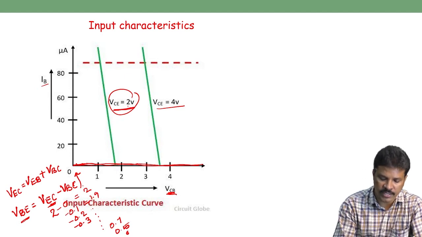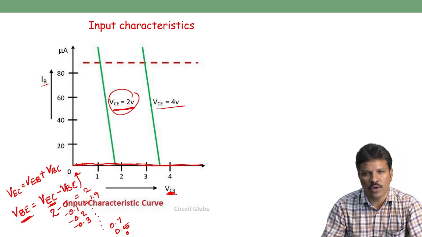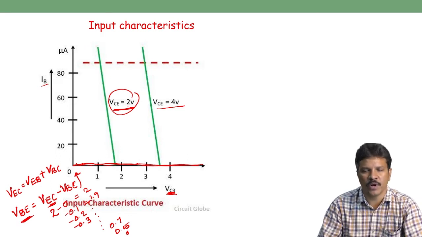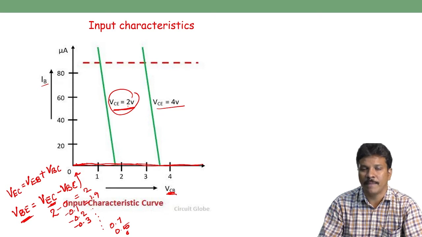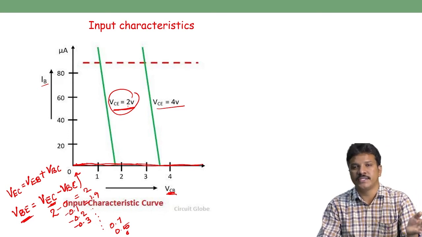As the base to collector voltage goes on increasing, the base to emitter voltage goes on decreasing. VBE is the base to emitter voltage, the input junction of the transistor, whatever the configuration. The emitter base junction must always be forward biased. So when the base to emitter voltage changes, the input current changes.